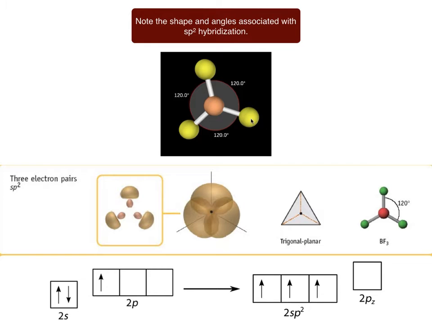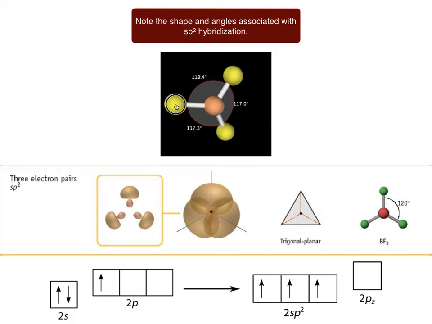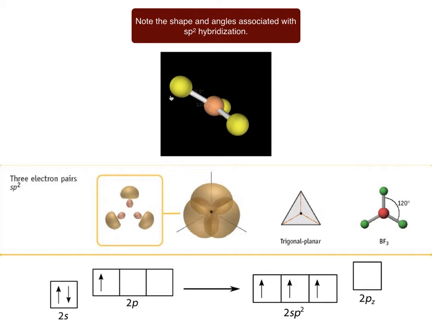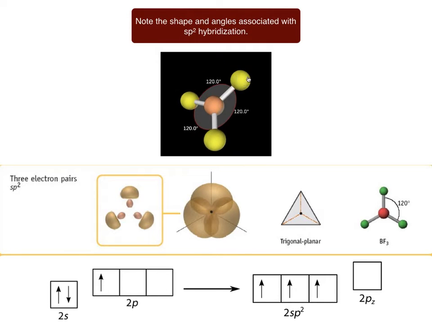Note then what occurs in the case of boron trifluoride. Here we observe a hybridization of the 2s and 2p orbitals, such that we now have three hybrid orbitals, each with 1/3 s and 2/3 p character. That is, three sp2 hybridized orbitals.